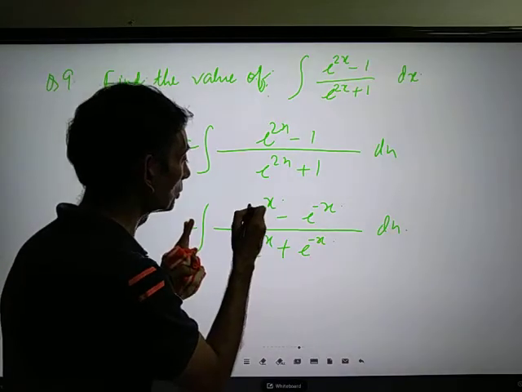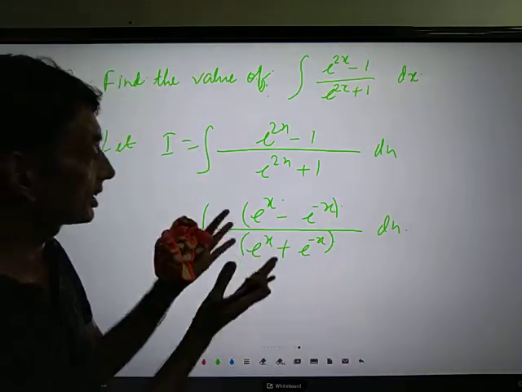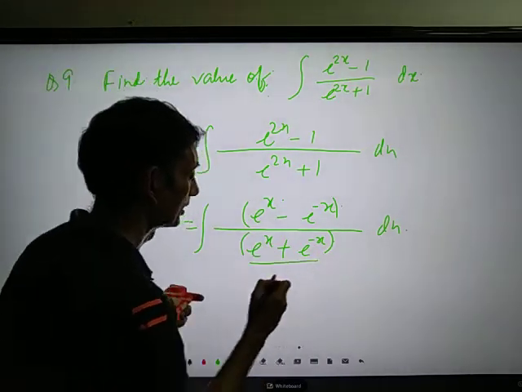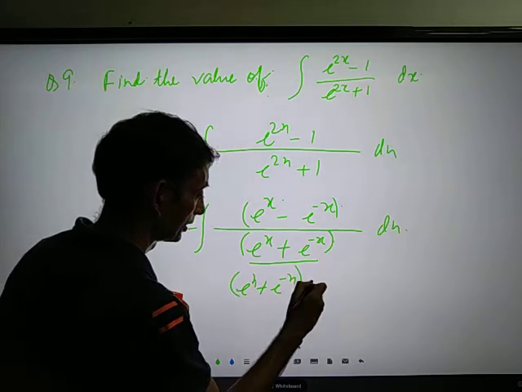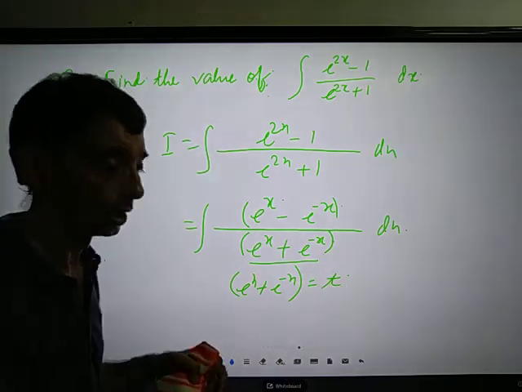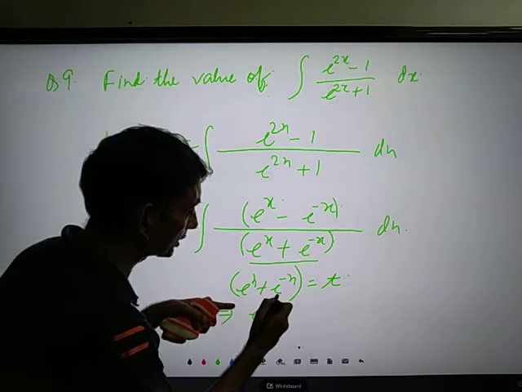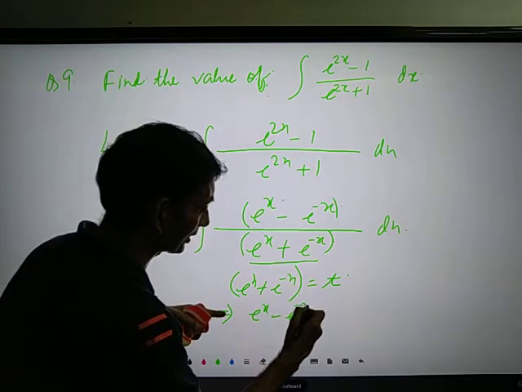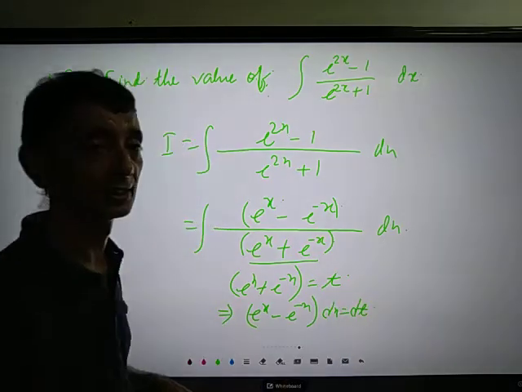Now, the moment you know how to write the steps, the rest is very simple. So just substitute e to the power x plus e to the power minus x equal to t. If you differentiate this, it will be e to the power x, and the differentiation of e to the power minus x is minus e to the power minus x, so e to the power x minus e to the power minus x dx equals dt.